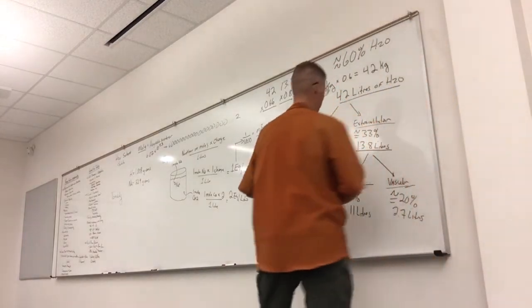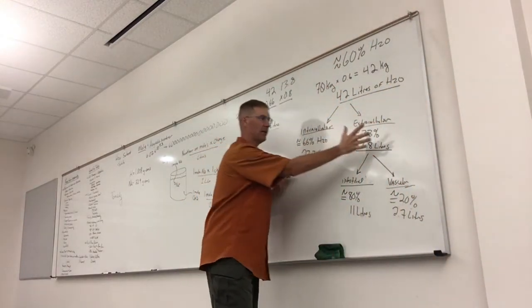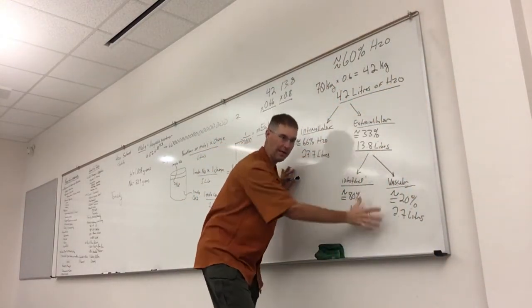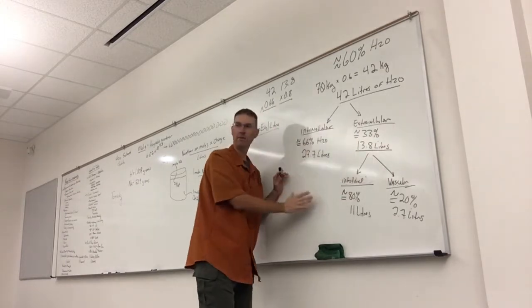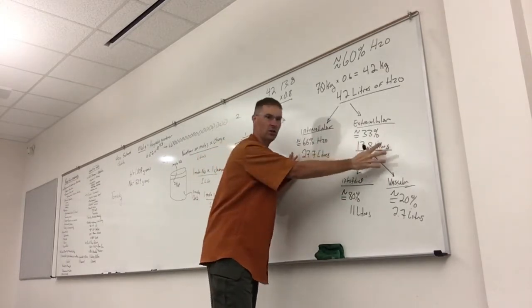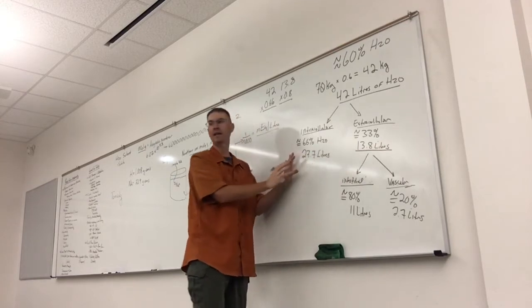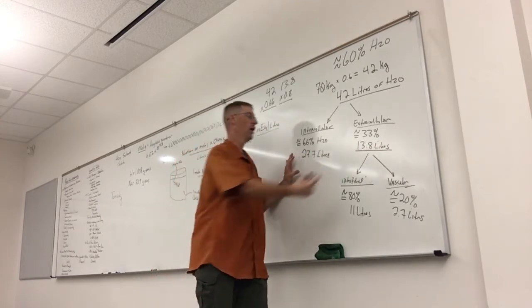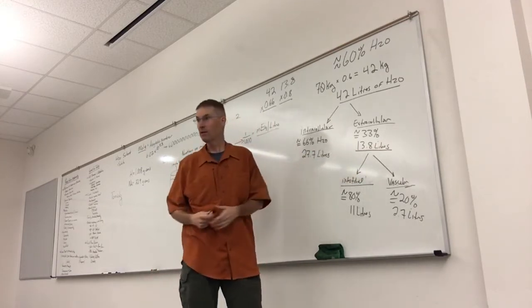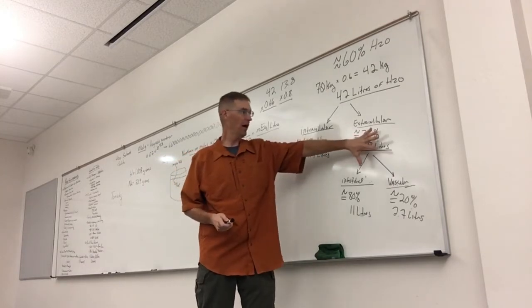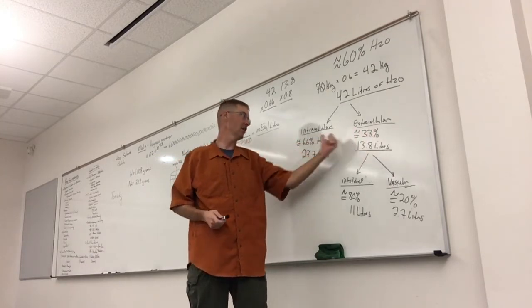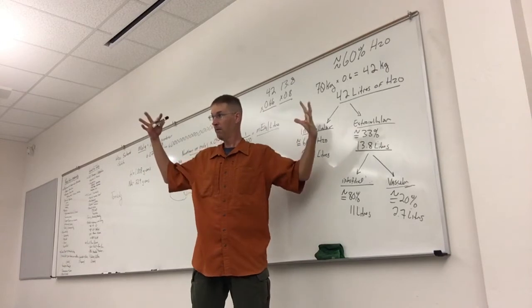If, however, the extracellular environment is hypotonic compared to the intracellular environment, that is to say the solute concentration is lower outside than inside, then what? Water will move into the cell. So a hypotonic extracellular environment tends to cause the cells to swell.